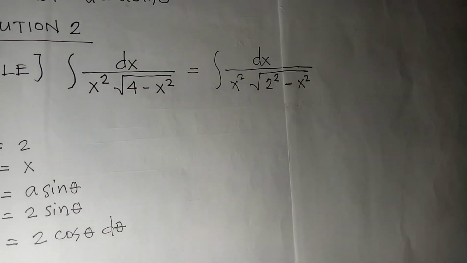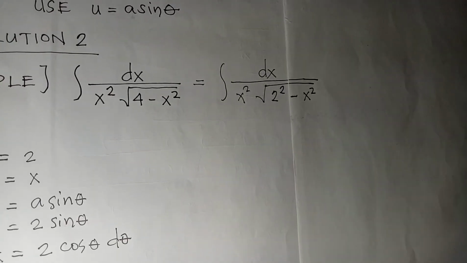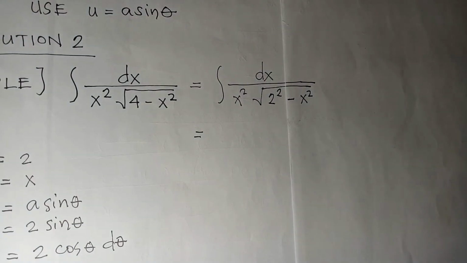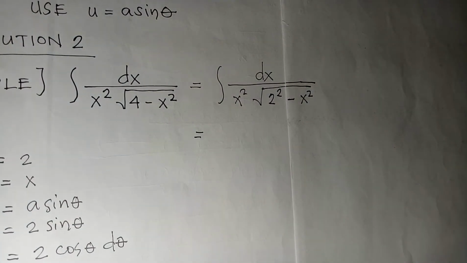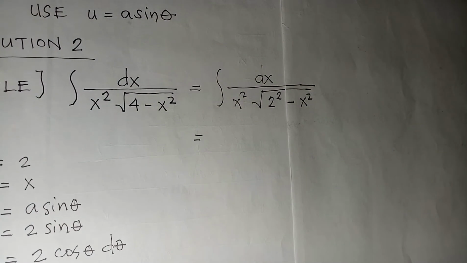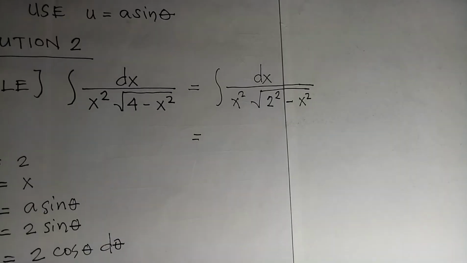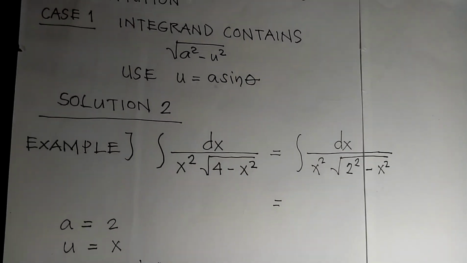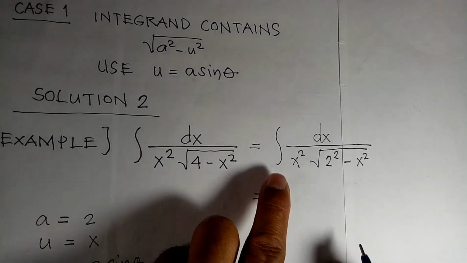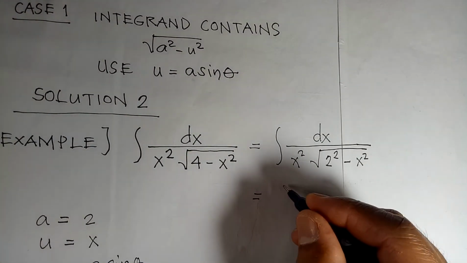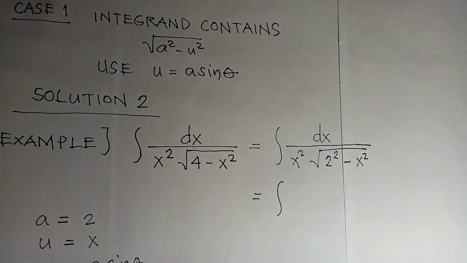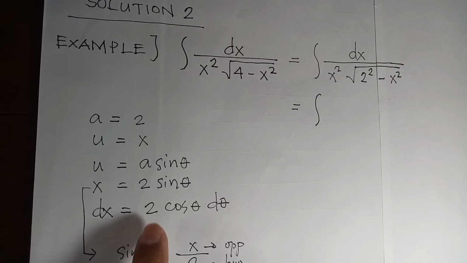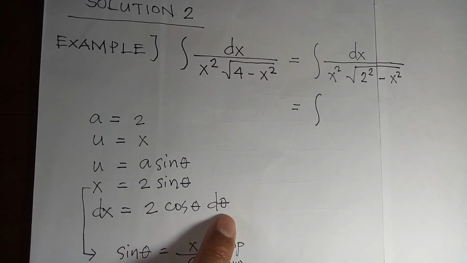So, gagamit na tayo ngayon ng substitution. So, meron tayong integral sign. So, ito siya. Meron tayong dx. Pero ang dx equals sa 2 cosine theta d theta.